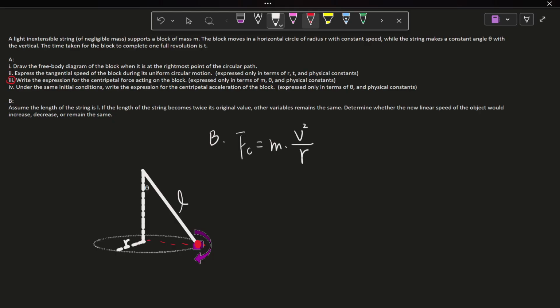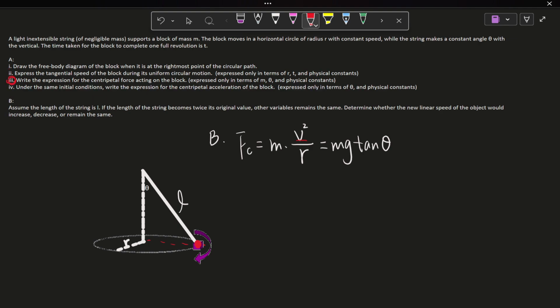And if you remember what we did previously in part 3, in part A, the centripetal force can also be written as an expression of mg tangent theta. Right? And we're trying to solve for v.